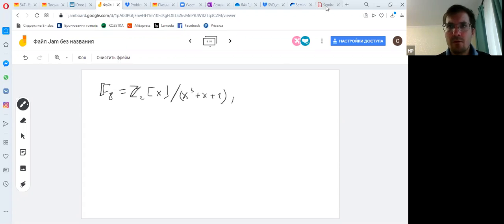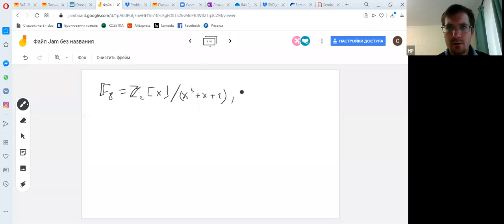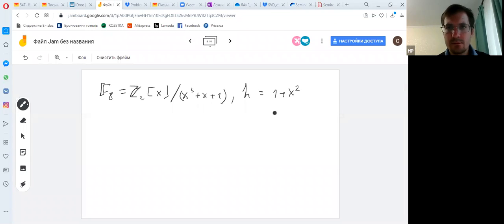And we have a polynomial H, which is 1 plus x squared, and the polynomial G, which is x.